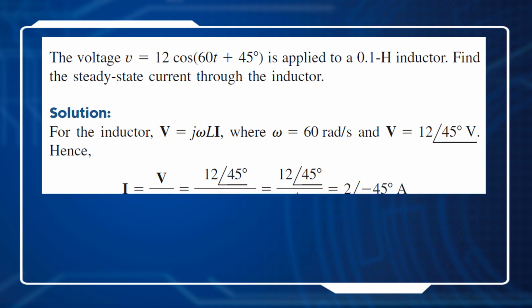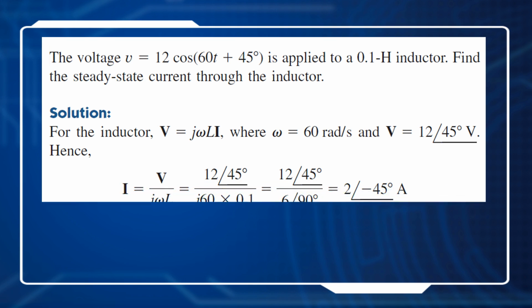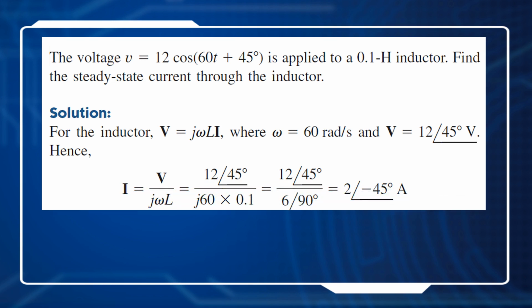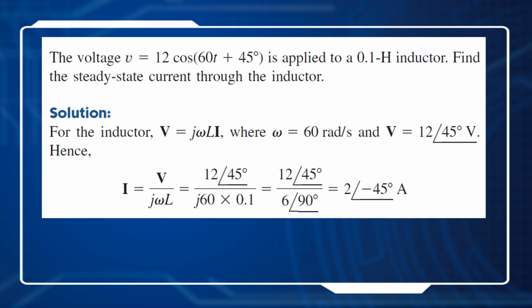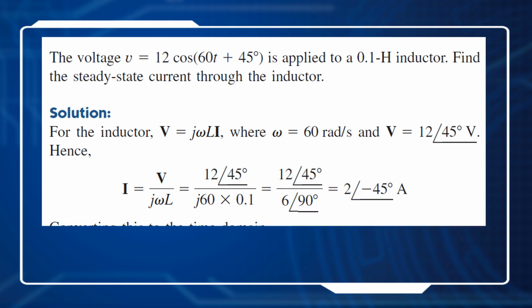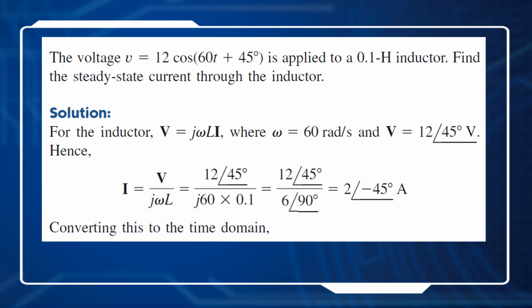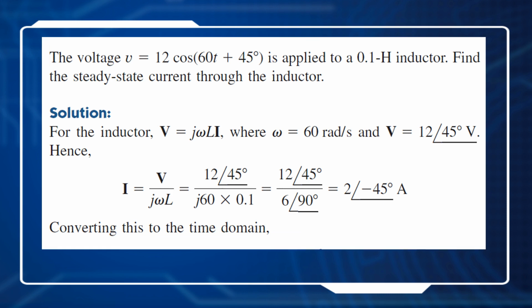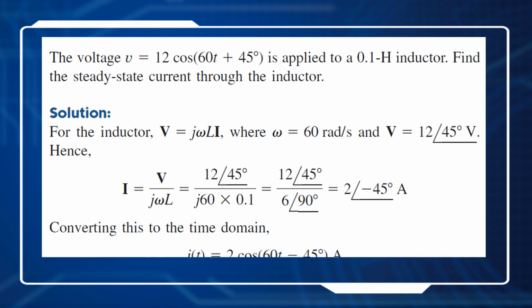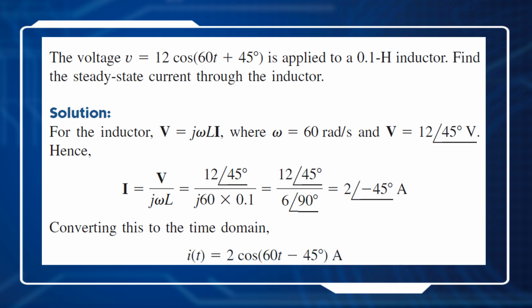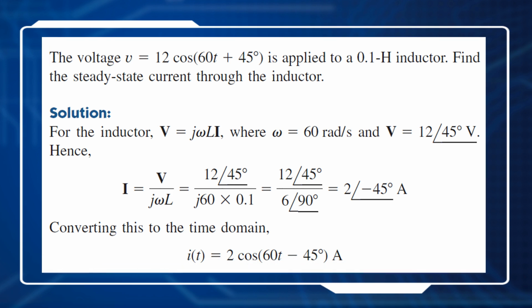We put the numbers in, and we get I equals 2 angle minus 45 amperes. And then we convert the phasor I into the time domain, and we get i(t) equals 2 multiplied by cosine(60t minus 45 degrees) amperes. This is the end of this section.